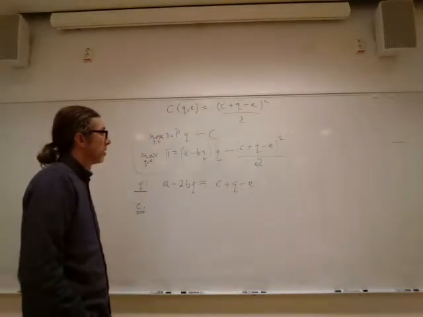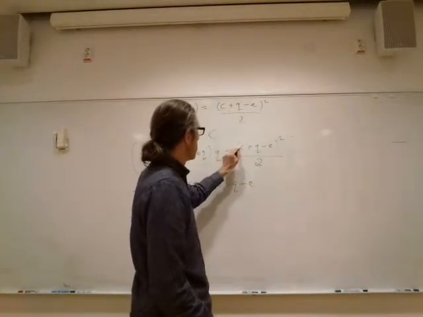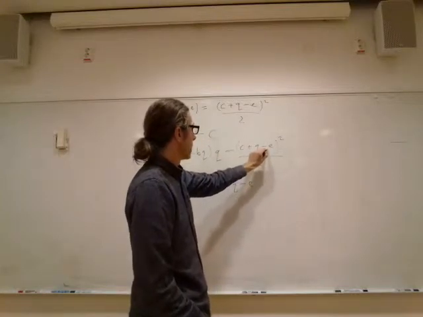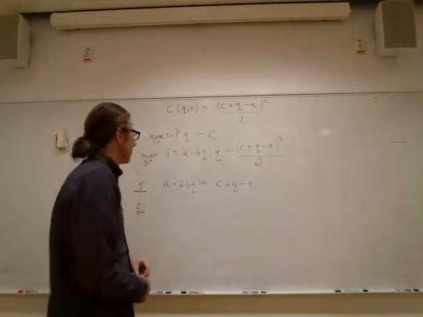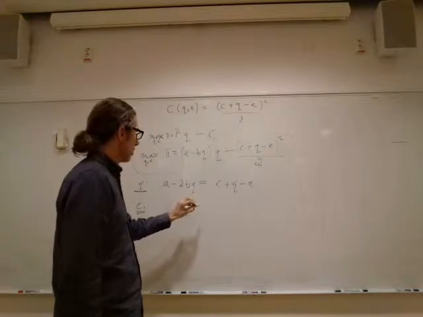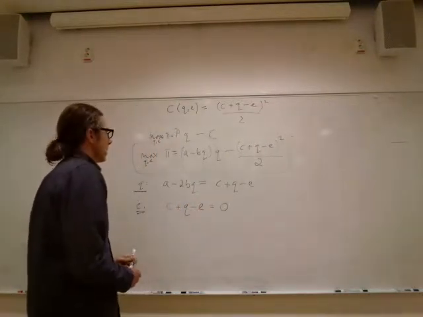And what do we have then? Doing the outside, we have minus 2 times this over 2, so it's minus this. Going inside, we get minus minus 1, so it's plus this. So C plus Q minus E equals 0.